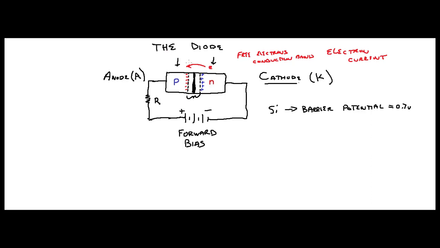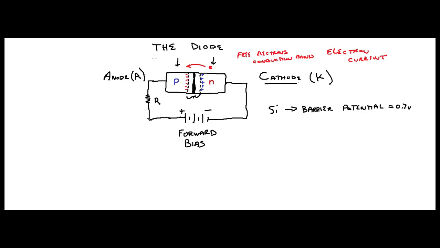So, they're in the valence band. They have enough energy based on this forward bias. They jump out of the valence band into the conduction band, and then they have enough energy to get over this junction. Once over the junction, that junction is taking energy, right? 0.7 volts.